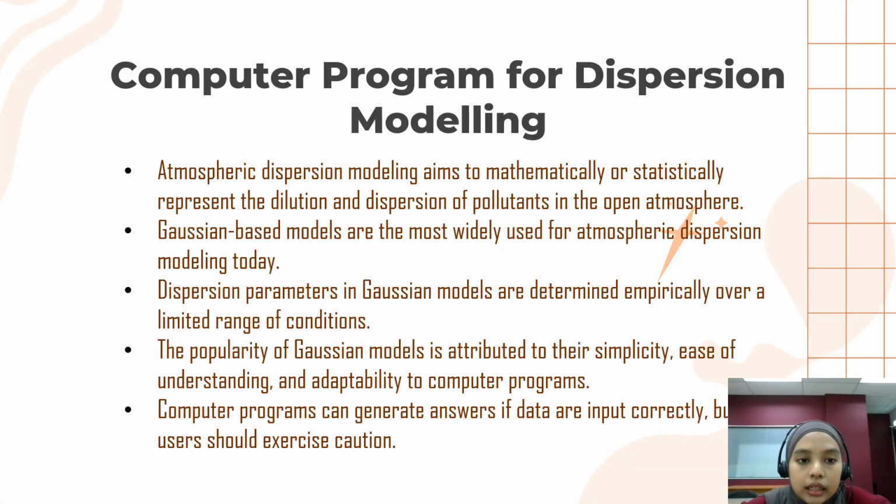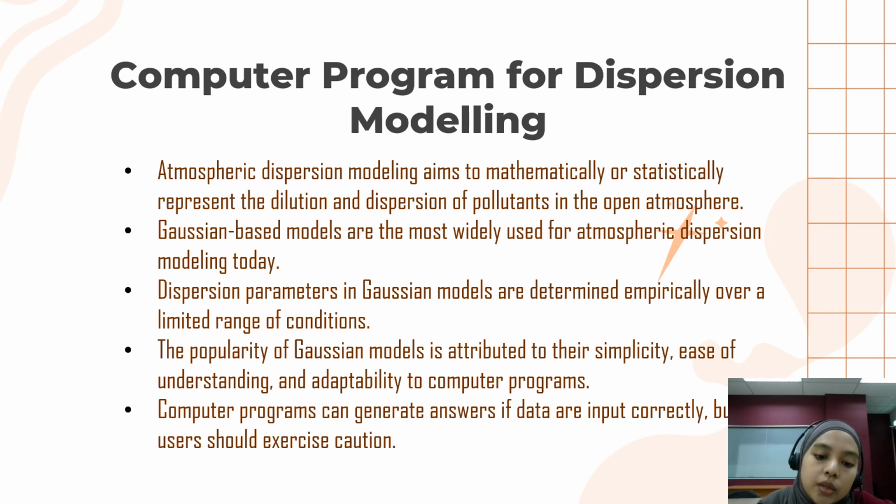So next is the computer programming for dispersion modeling. The atmospheric dispersion modeling is aimed to mathematically or statistically represent the dilution and dispersion of pollutant in the open atmosphere. Gaussian-based models are the most widely used for atmospheric dispersion modeling today.